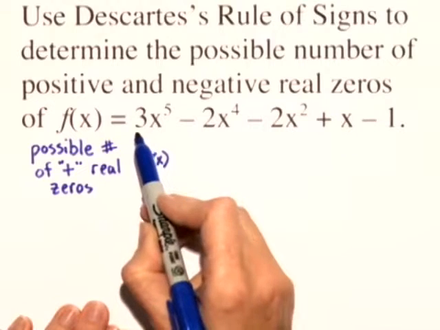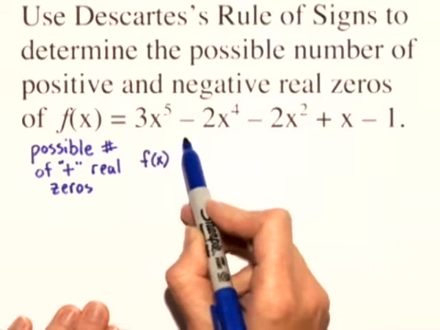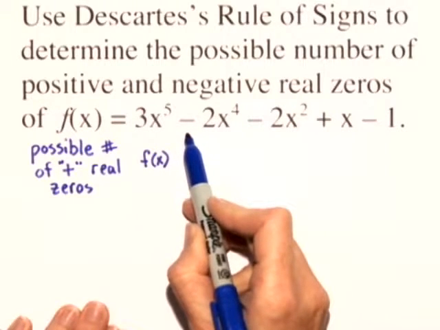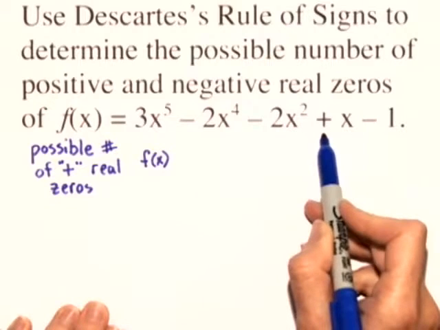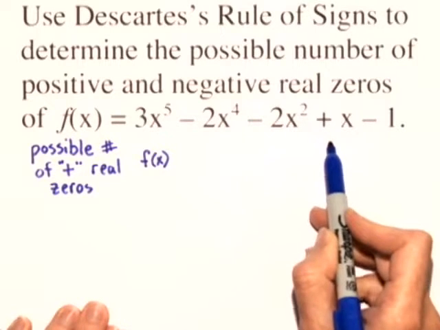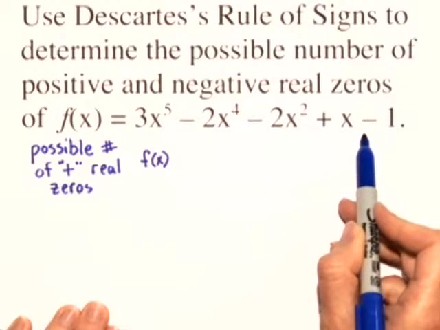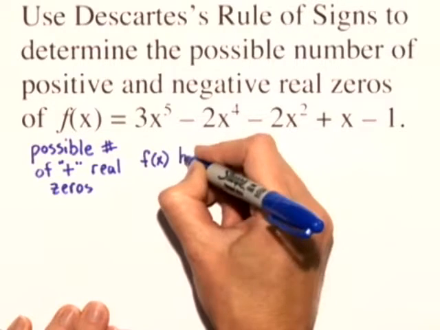So notice it starts off positive, and it changes to a negative at the second term. So that's one sign change. It's still negative, then it becomes positive, that's two sign changes, and then it becomes negative. So that's a total of 3 sign changes.